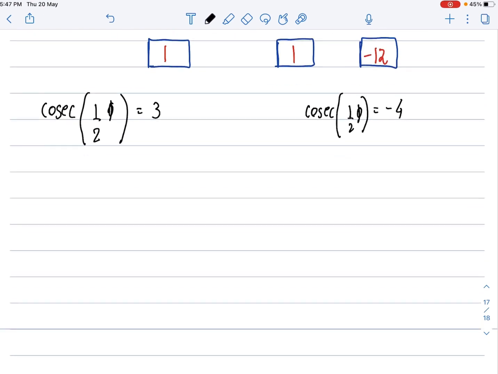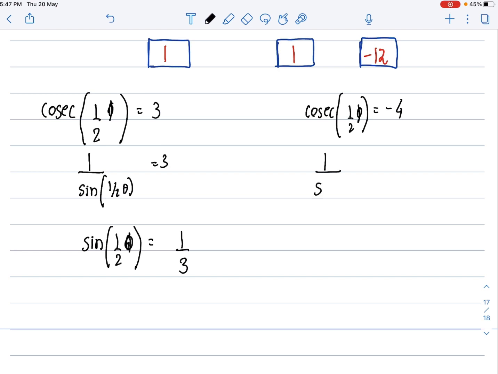Now I know cosec is 1 over sine, so I can write this as 1 over sine half phi equals 3, which I can basically write as sine half phi equals 1 over 3. And I can even write this as 1 over sine half phi equals minus 4 and sine half phi is equal to minus 1 by 4.